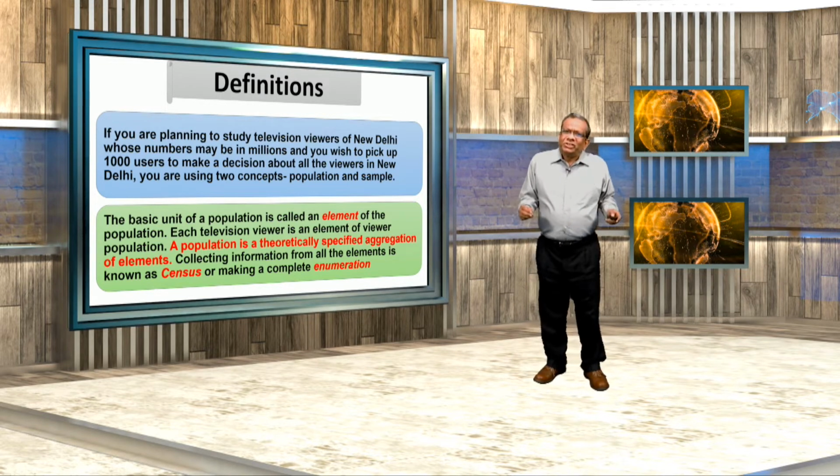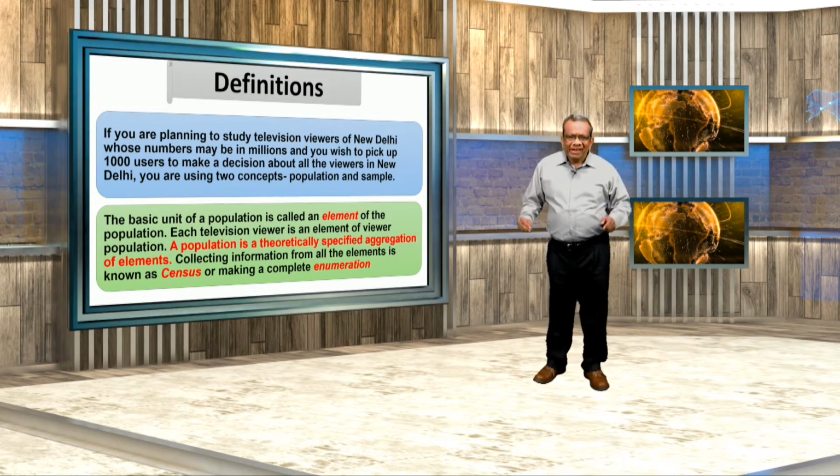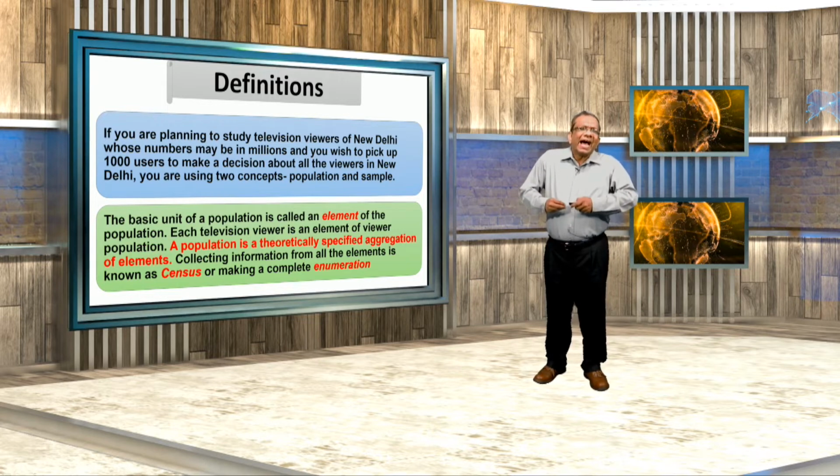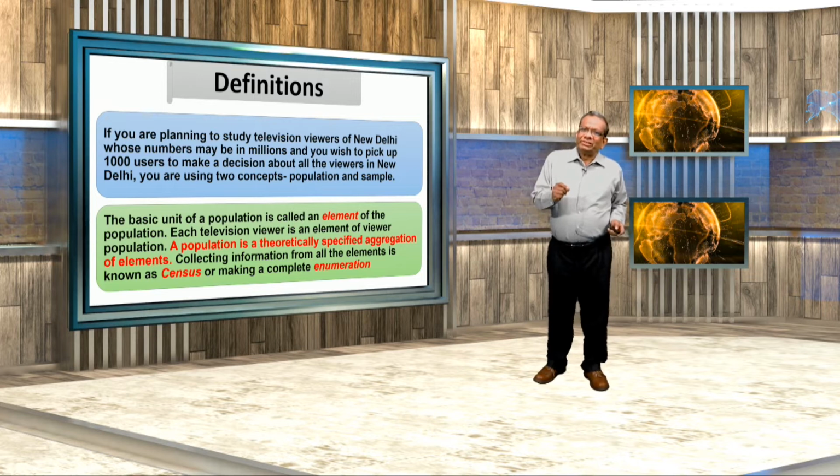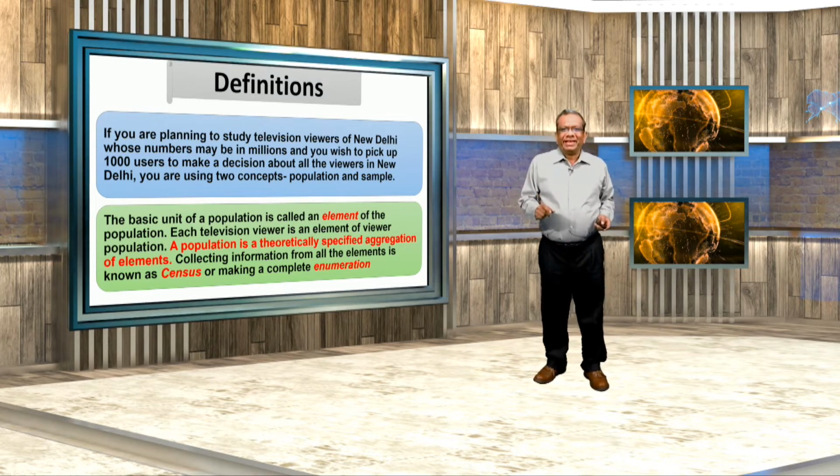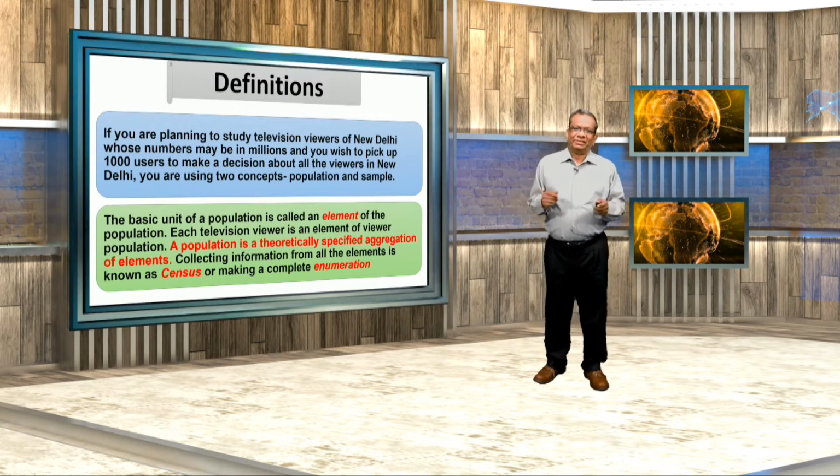A population is a theoretically specified aggregation of elements. This is the definition of population. You have defined them as a set. Collecting information about all the elements is known as census or making complete enumeration.